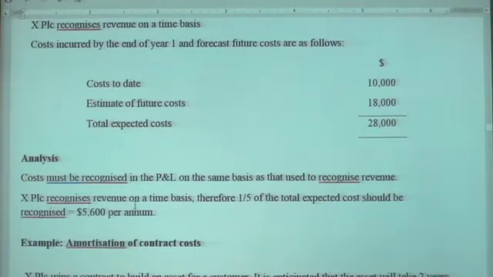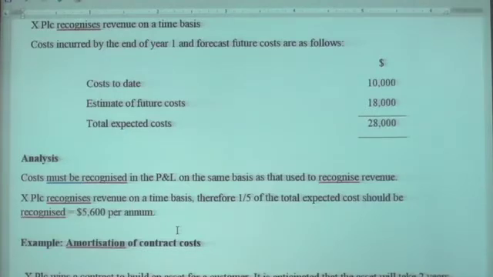XPLC recognizes revenue on a time basis, therefore 1/5 of the total expected cost should be recognized in the P&L over the time. Sometimes some cost incurred for the contract cannot be charged directly into one financial year.